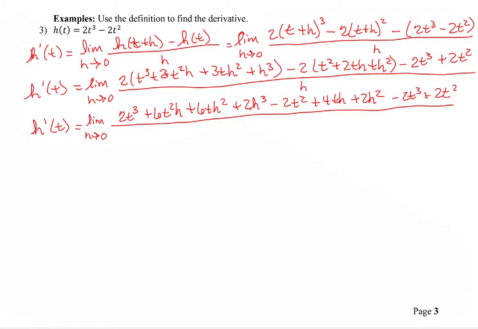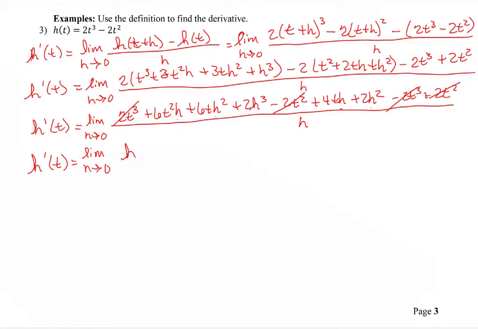All over h. So now I'm going to cancel. So this t should go away with that t, and this t should go away with that t. So now I'm going to factor out an h as I write the next line. So I have an h everywhere that is left.